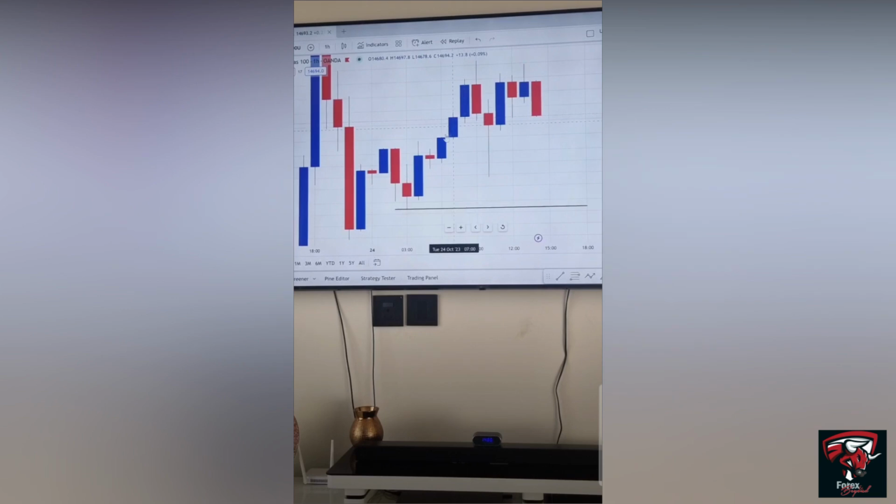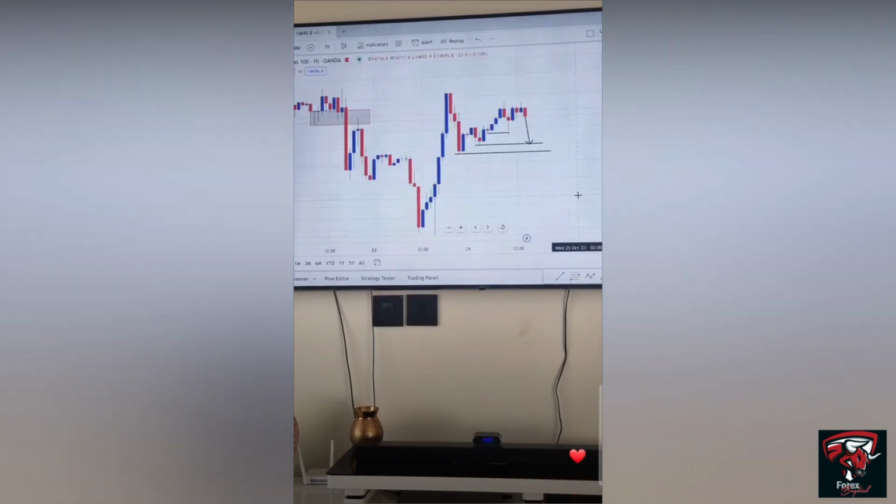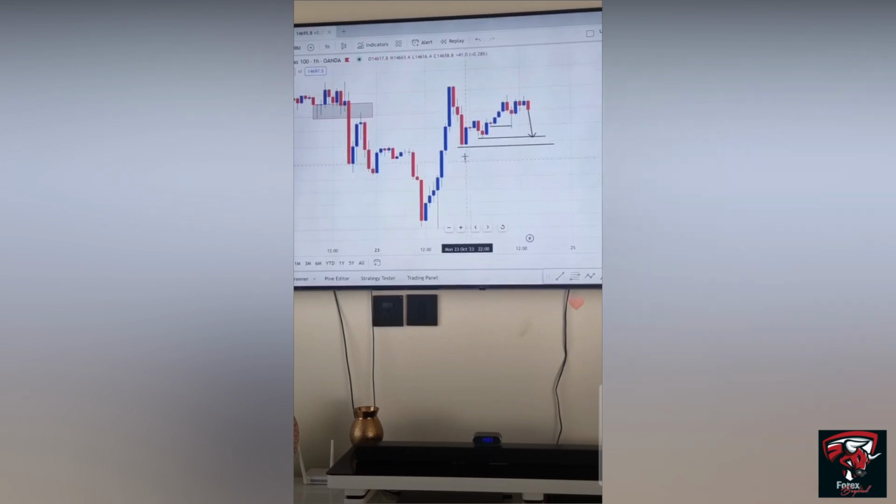So the buyers came in, protected this low, came down. So obviously these lows are now protected, right? Protected, and finally it came down and took out that low.